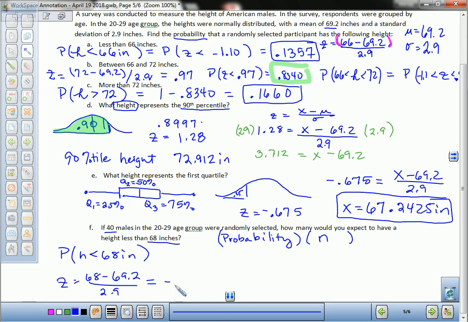If we round to the nearest hundredth, because that's all our chart can deal with, negative 0.41. So let's find negative 0.41 and convert that to a probability. You got it. The probability is 0.3409 times how many are in the sample? 40.